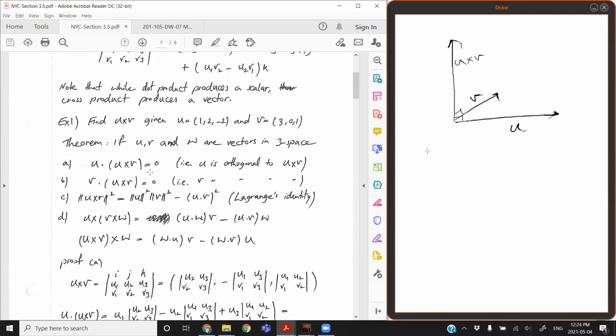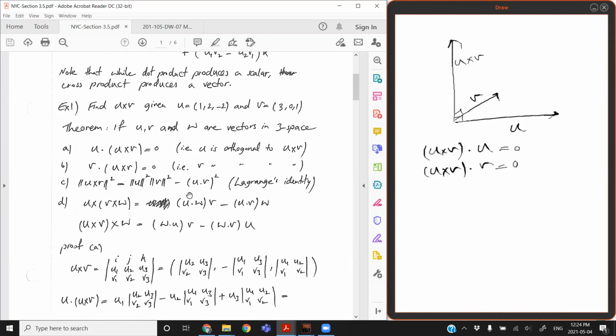If they are orthogonal, then U cross V, if you multiply that by U using dot product, or U cross V, if you multiply that by V using dot product, you're going to get 0, right? Because two vectors are orthogonal to each other if and only if their dot product is 0. Then you have, so U dot product U cross V is 0, and V dot product U cross V is also 0.